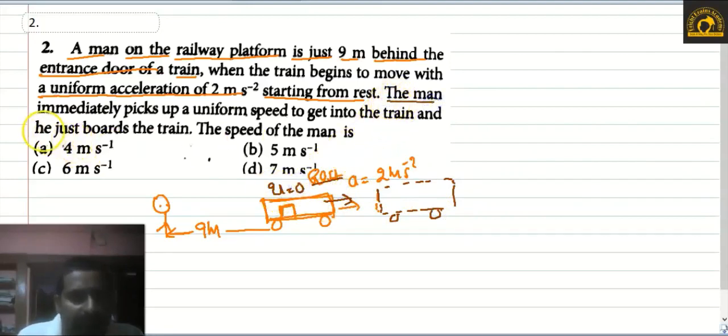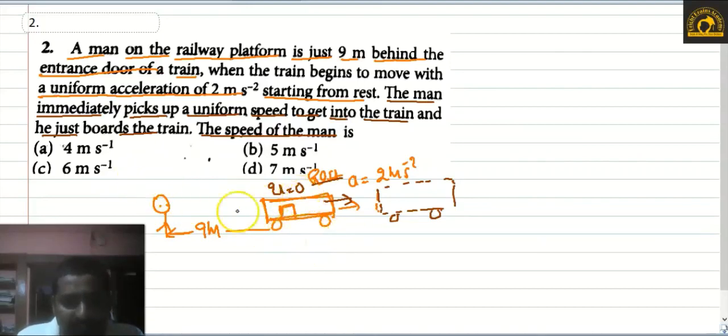The man immediately picks up a uniform speed to get into the train and just boards the train. What is the speed of the man?